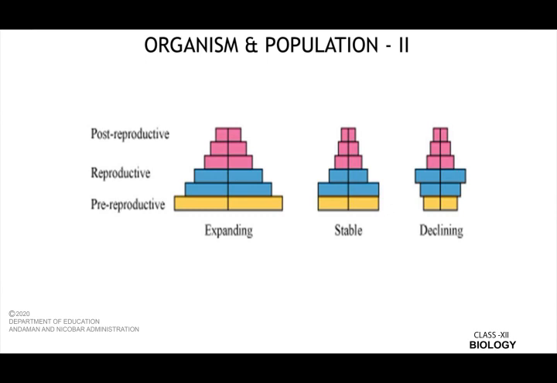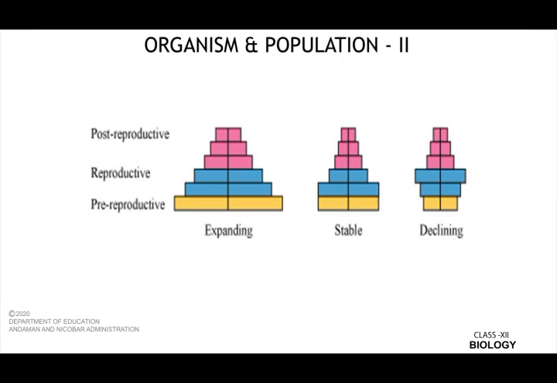In case of stable population, pre-reproductive is much smaller than the pre-reproductive of expanding. You see, the pre-reproductive of expanding is much larger than the stable one. A smaller number will reach the reproductive age, so the population remains stable. Example is Austria. This country has more or less stable population.